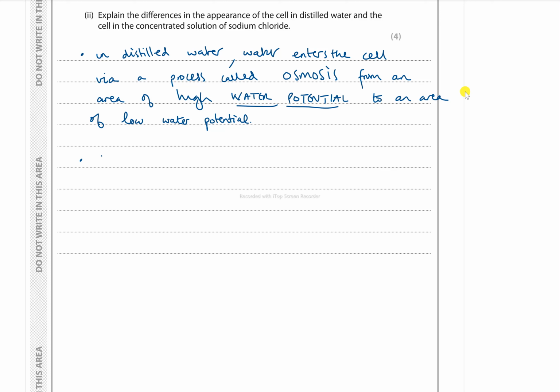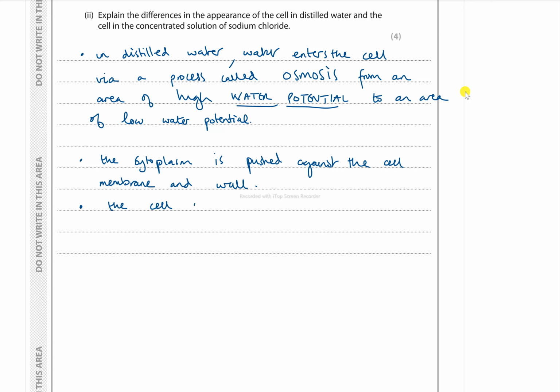So the cytoplasm is pushed against the cell membrane and wall. It's the opposite of flaccid.